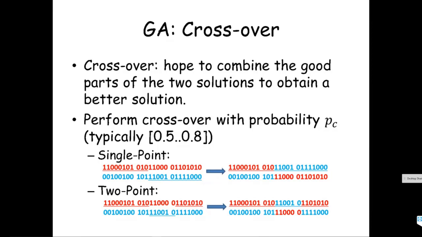But for feature selection, you can essentially take one individual, 1, 0, 1, 1, and so on. Take another individual and make a cut, say after the second feature, and then combine the 2 parts to create 2 new individuals.